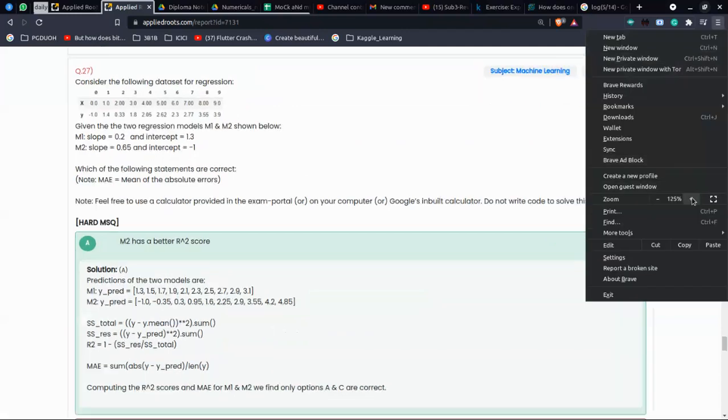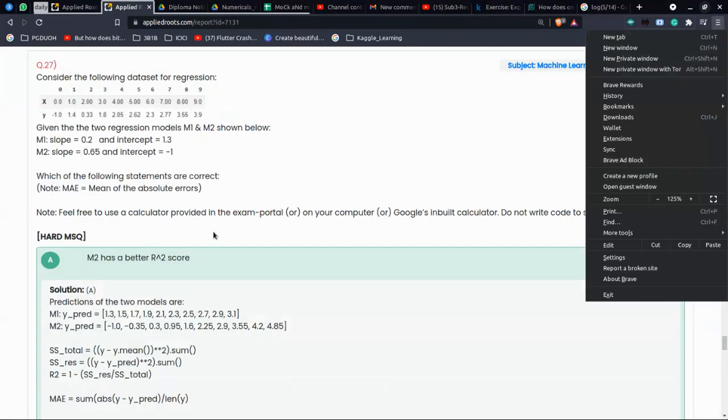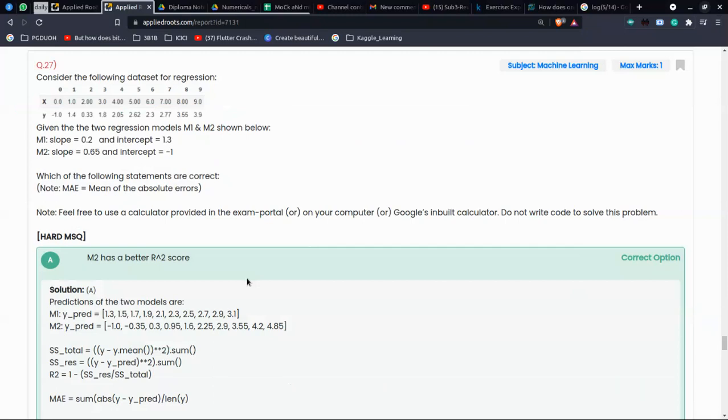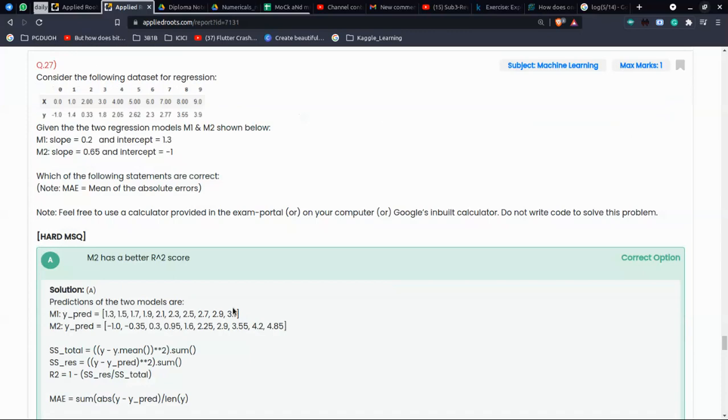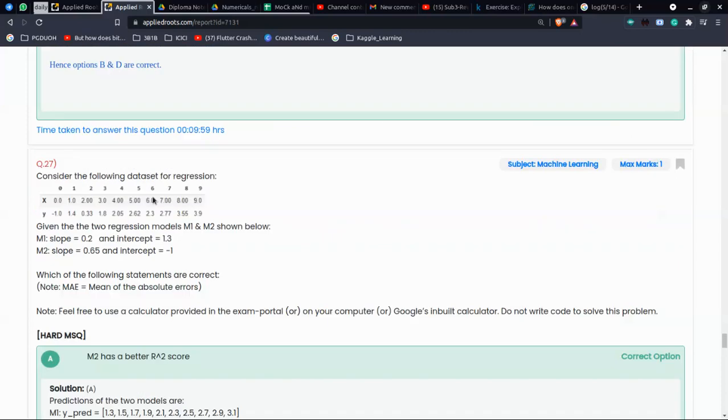We need to calculate the mean absolute error and R2 also. In the calculator, I just calculated the mean absolute error, and then I thought that if the MAE is better, the R2 would also be better. But no, it was not the case. That's why I got this wrong. Because this is daunting if you want to calculate it in the calculator.